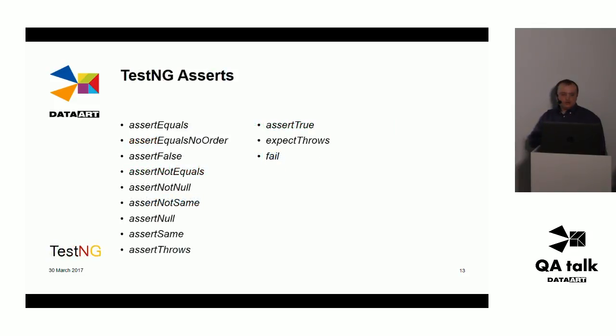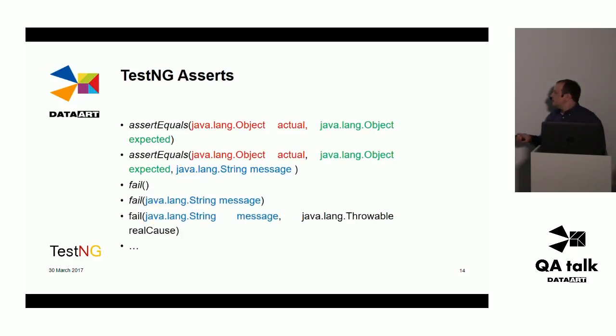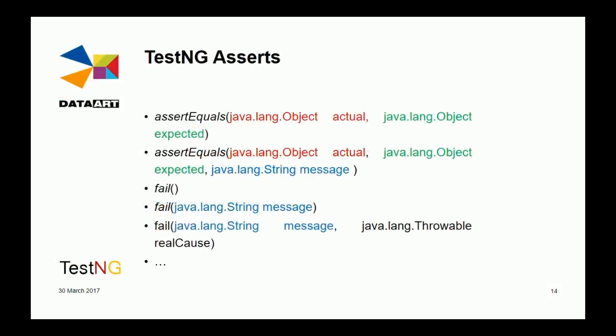In TestNG, we don't have assert that, but we have assert throws, for example, and we have a few more overloaded things about fail. So the order is different because firstly we have actual result, then we have expected result and error message. So if you are moving from one framework to another one, you can mix up these things.